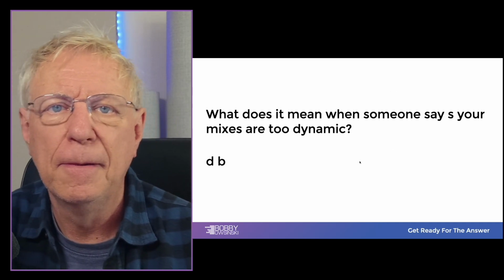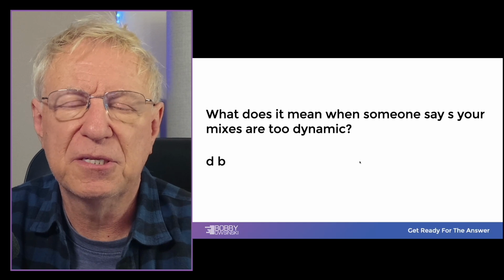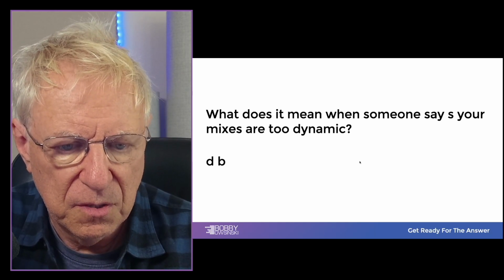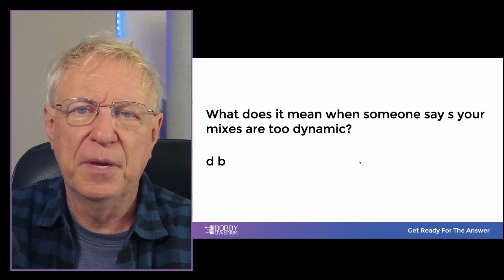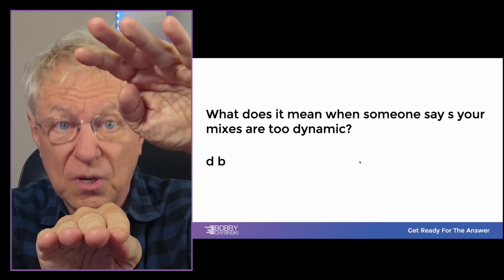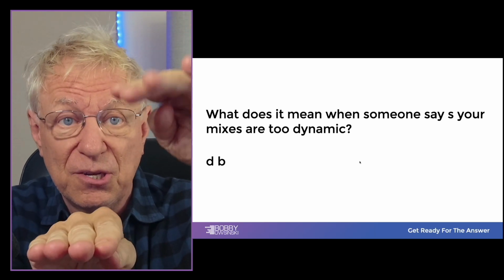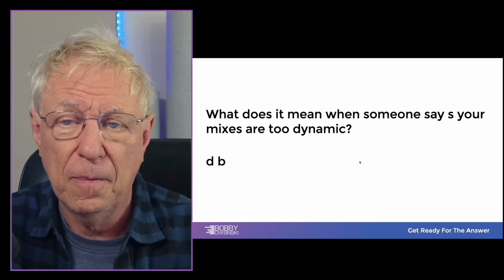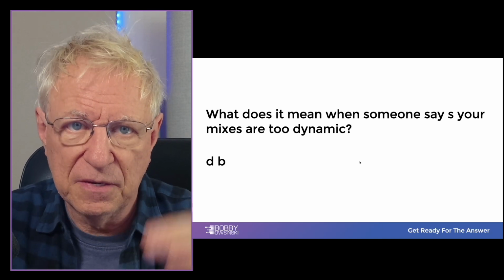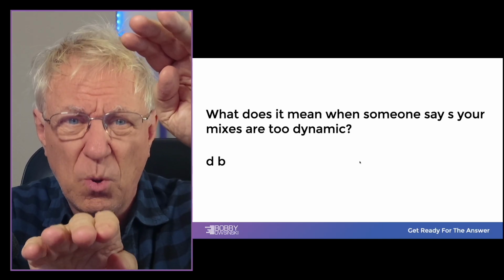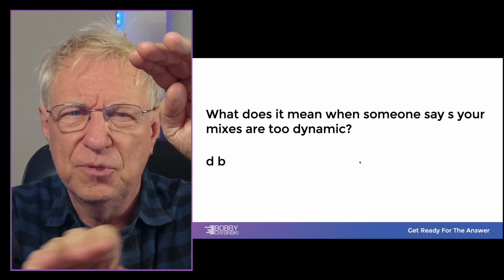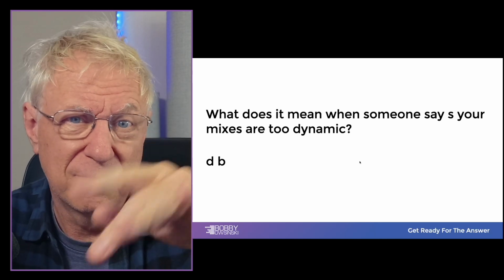Okay, from DB. What does it mean when someone says your mixes are too dynamic? Okay, so dynamic range basically means the softest, quietest section in the song to the loudest. And usually if the dynamic range is really, really wide, then we tend to lose the low parts, the quiet parts.